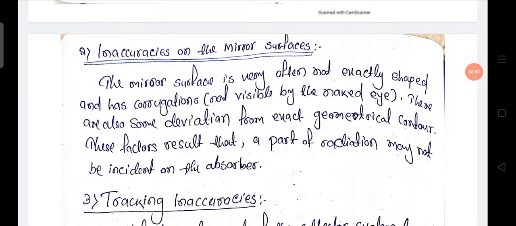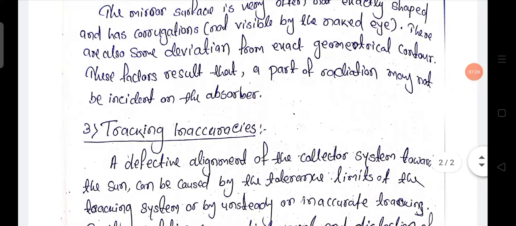There is also some deviation from exact geometry. That means the exact focal point of that mirror or concentrator is not exactly achieved by the manufacturing, so some radiation is lost or doesn't fall on the absorber.